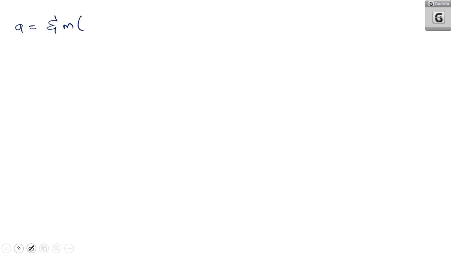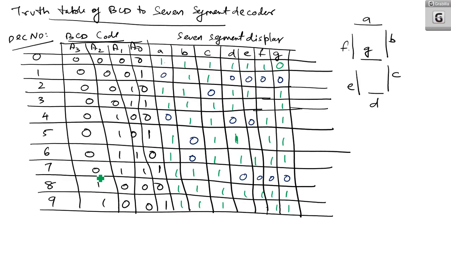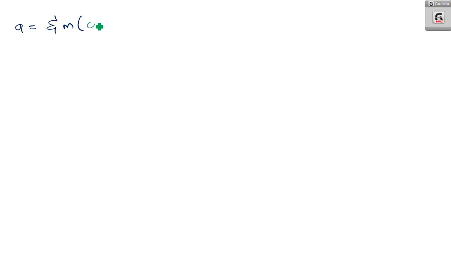Therefore we can write A is equal to sigma m 0, 2, 3, 5 to 9. That is 0, 2, 3, 5, 6, 7, 8, 9.